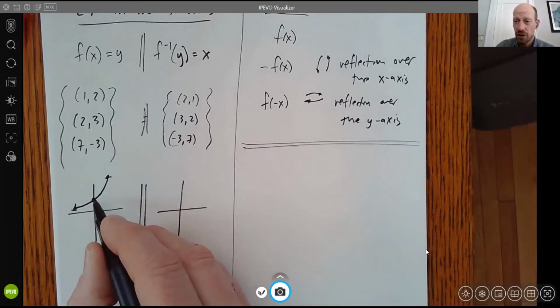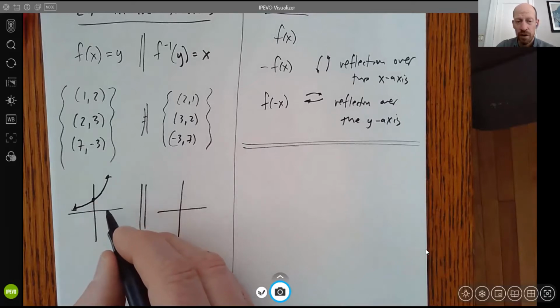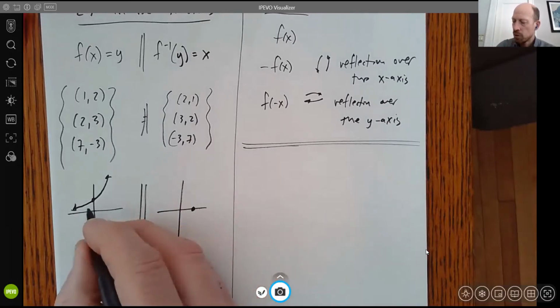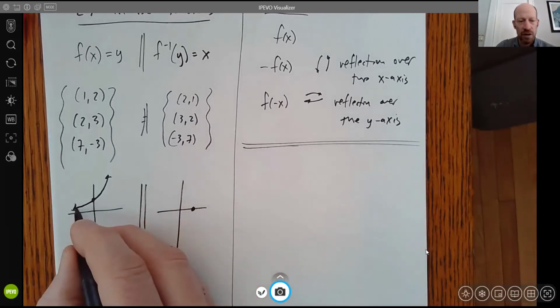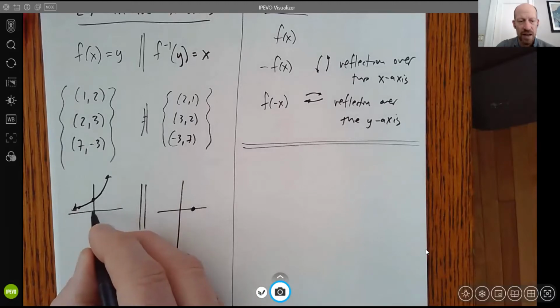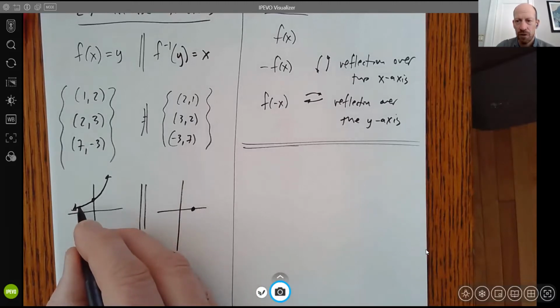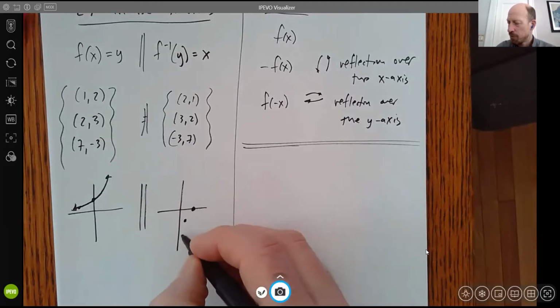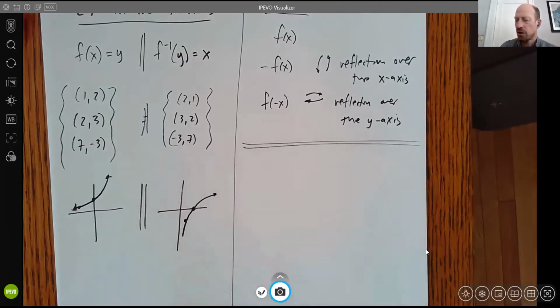I didn't put a scale on here. Then the inverse function would have the point 1, 0. If this point here is like -1, 1/2, then the inverse function would have 1/2, -1. And as you flip those points around, you get a graph that looks like this.